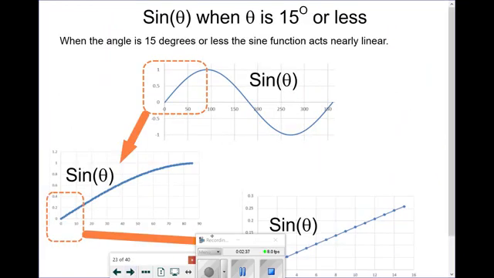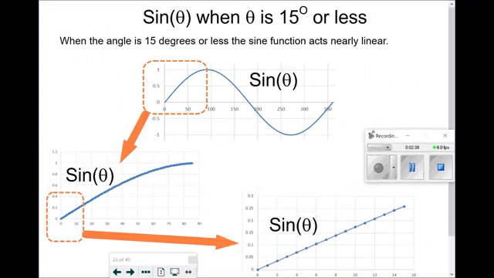One of the things, though, that is unique about the sine function, and it allows us to think of a pendulum sometimes as a simple harmonic oscillator, is the fact that while the sine of an angle is not a linear function, as you compact down your interest to only 15 degrees, we can see that the sine function looks very linear.